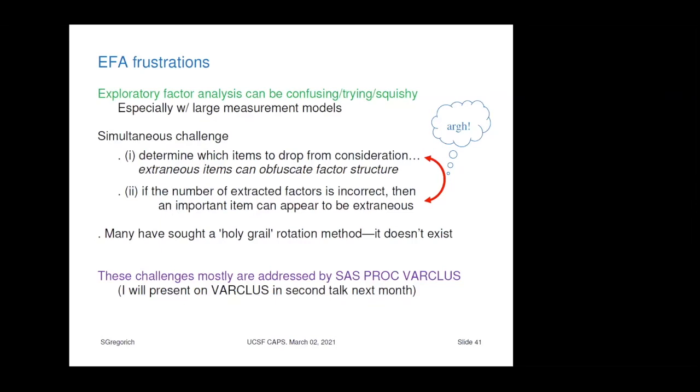And if that's wrong, then an important item can appear to be extraneous. So it's really a big mess if you get yourself in a situation like this, because you don't have any bearing, and so you spin around in circles with it.